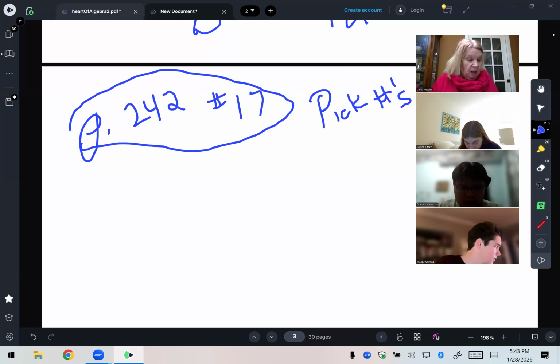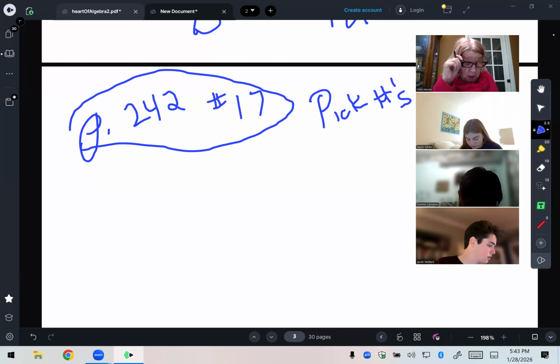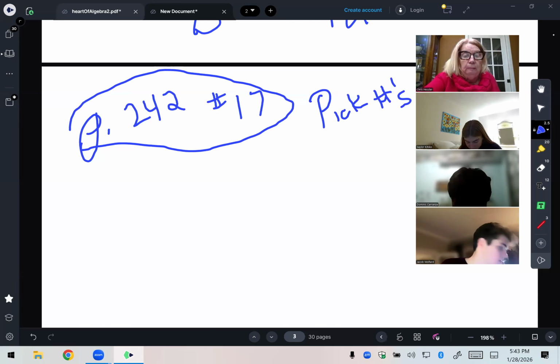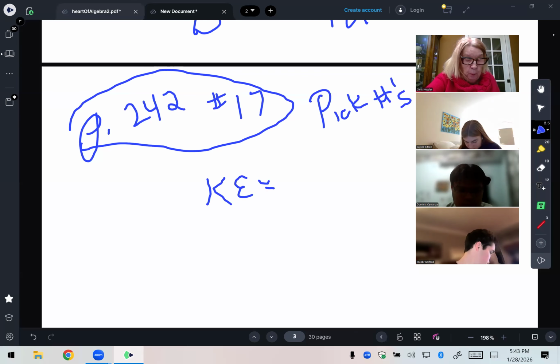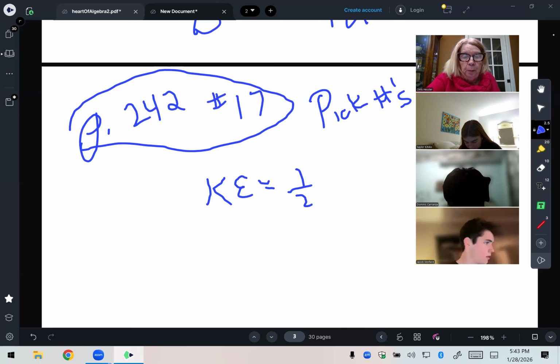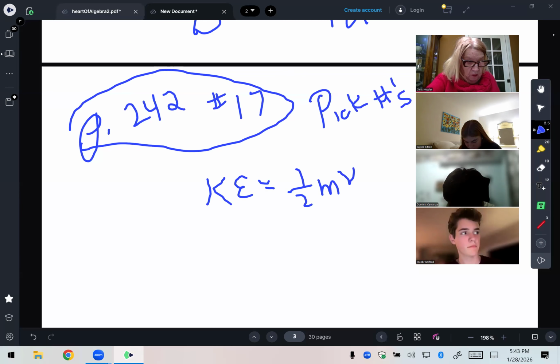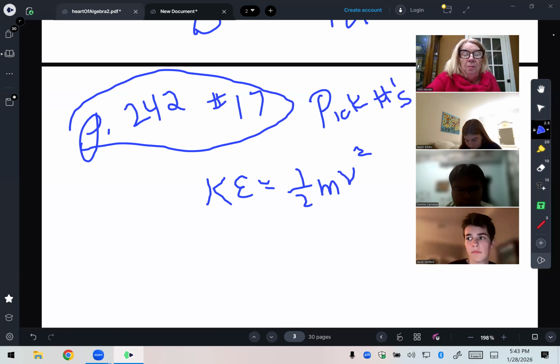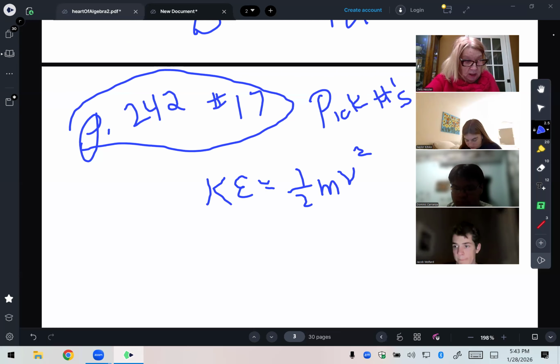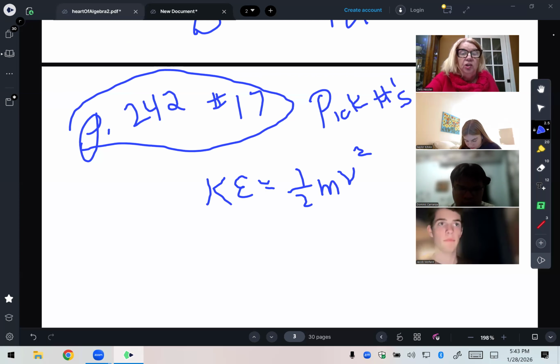So the question says, if the object of mass m is moving at a speed v, the kinetic energy is given by this equation. So the kinetic energy equals 1/2 mv squared. If the mass of the object is halved and the speed is doubled, how does the kinetic energy change?